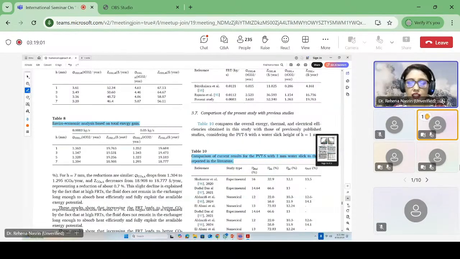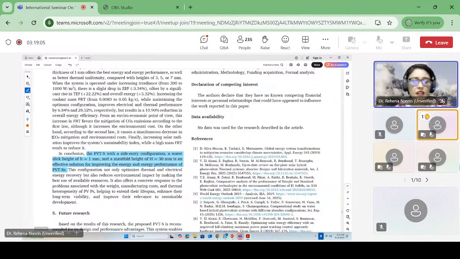And finally we can go for the conclusion. In the PVT system with a side entry configuration, a water slit height of 1 millimeter and a manifold height of 30 millimeter is an effective solution to improve the energy and exergy performance.